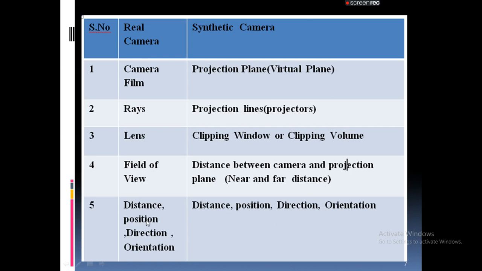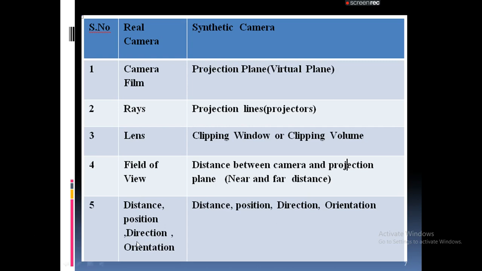Because if you want to capture any image, you need to specify where I can locate the camera, or what is the position of the camera, so that I can capture that particular image. The same concept I need in case of synthetic camera also, means I need to define the position of your synthetic camera in OpenGL so that I can display the three-dimensional captured image on the two-dimensional screen. So the position of the camera is also very important.